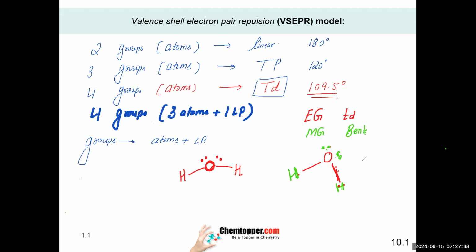Dipole-dipole attractions. I'm not talking about the chemical bonds. Dipole-dipole, LDF. But there is one very special kind of attraction, which is just a part of dipole-dipole, and we call it hydrogen bonding.